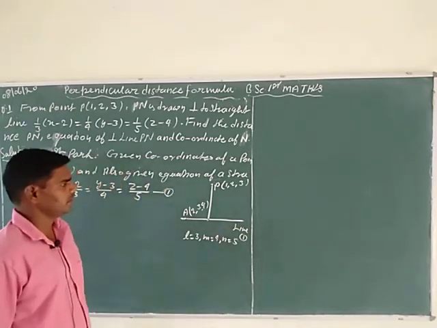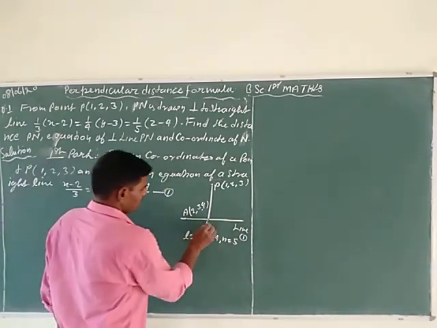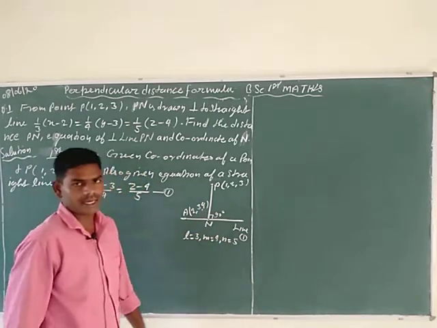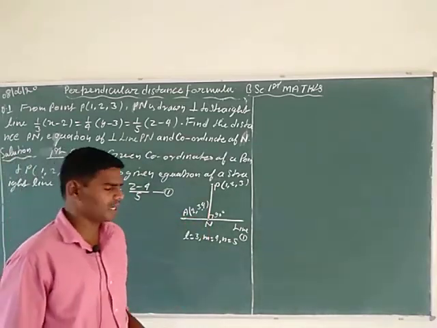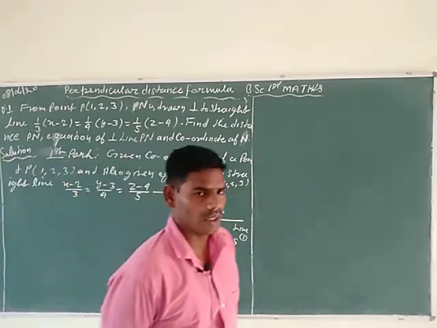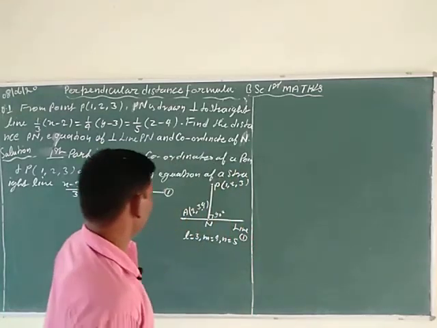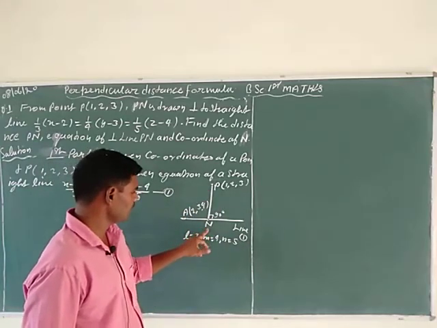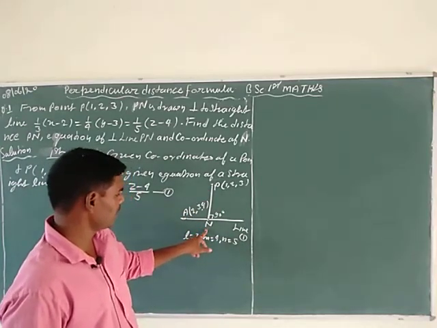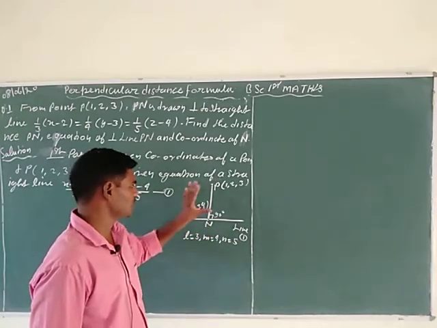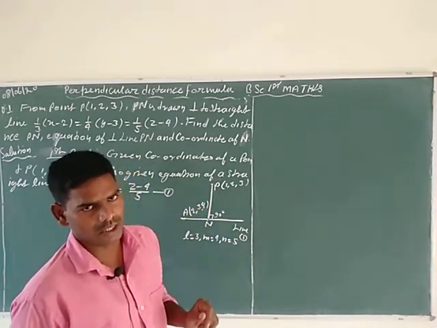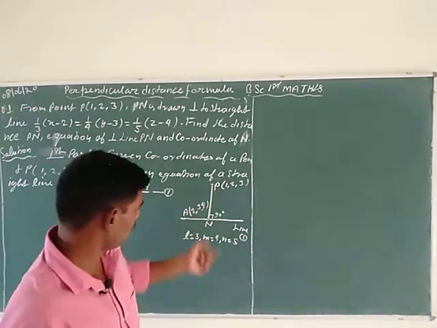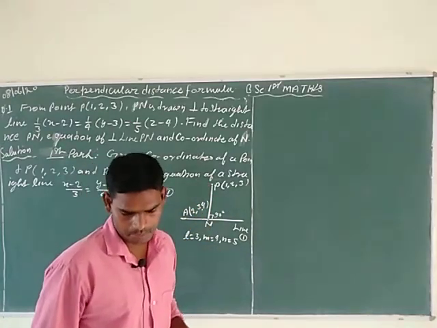Suppose the meeting point is N, meaning when we draw a perpendicular line from point P to the given straight line, the meeting point is N. Then N is called the foot of perpendicular of the given straight line and the given point P. So here we calculate the coordinates of N. After that, you can calculate the distance PN, meaning the perpendicular distance, and also the direction or equation of the perpendicular line PN.